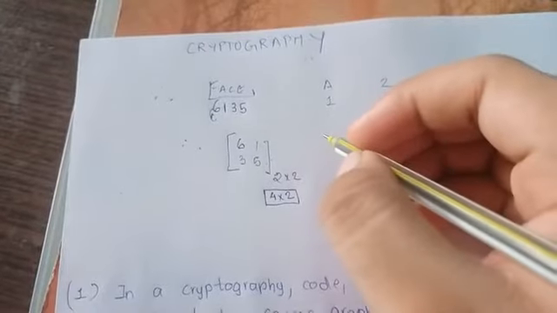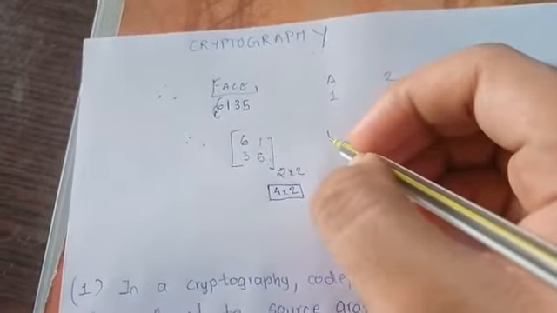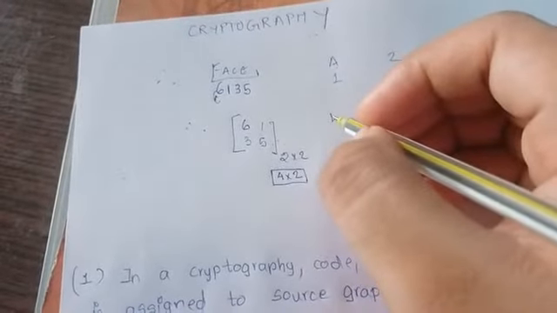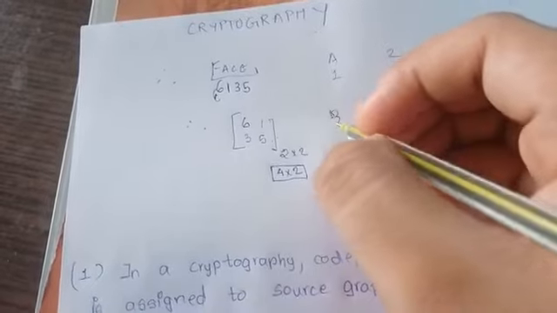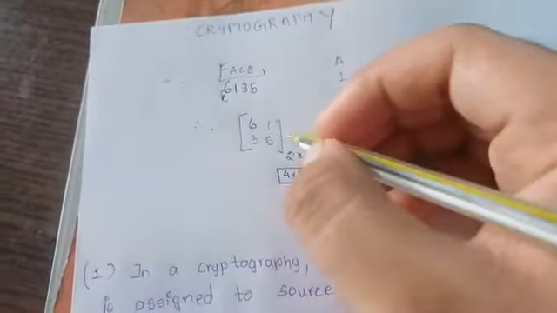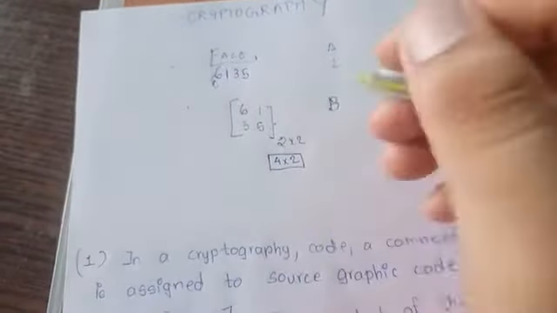Now, suppose the owner of the file or the object uses another key matrix which is called the security matrix. This security matrix let be represented by B. So this is the matrix which, when multiplied with this matrix, will convert it into a transmission matrix.